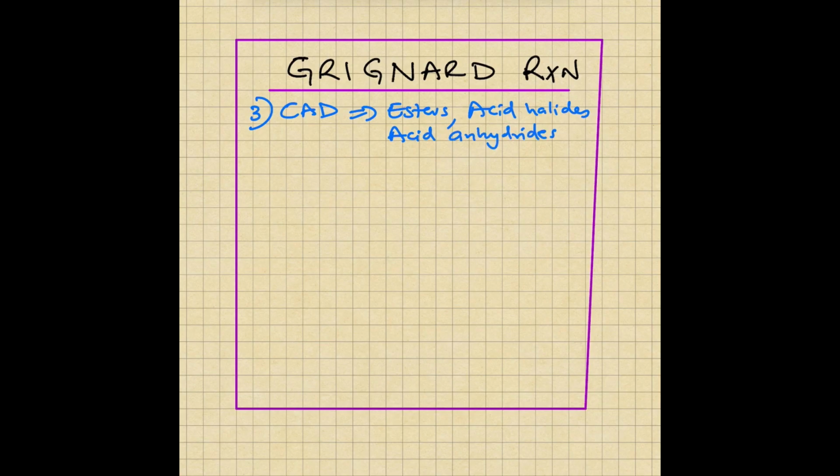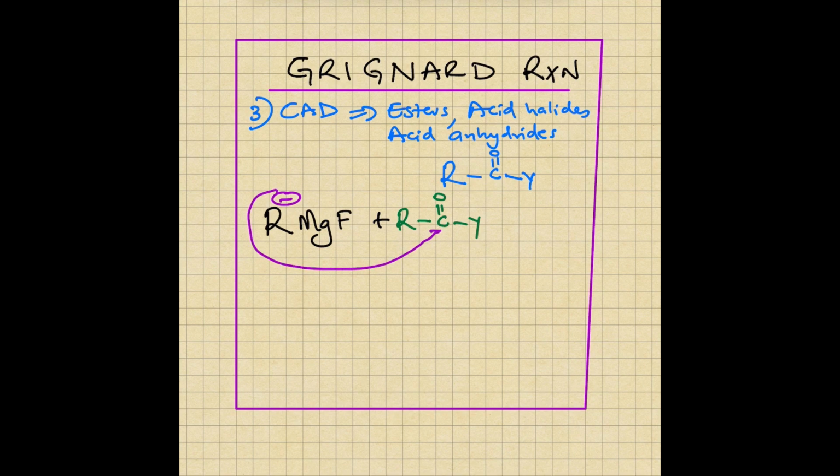The next reaction is reaction with carboxylic acid derivatives, for example, esters, acid halides, and acid anhydrides. So we're going to generalize them as alkyl group, carbonyl, and then use a Y for the leaving group of the carboxylic acid derivative. So starting with the Grignard reagent plus the carboxylic acid derivative. Now the first step is, remember, we generate a nucleophile from the Grignard, and then that nucleophile will add to the carbonyl.